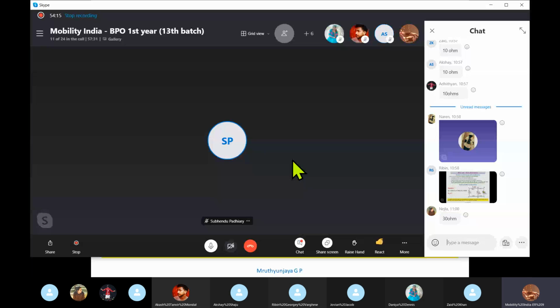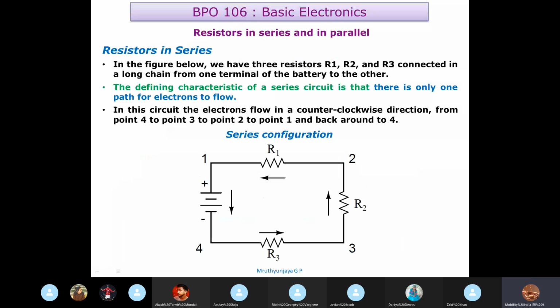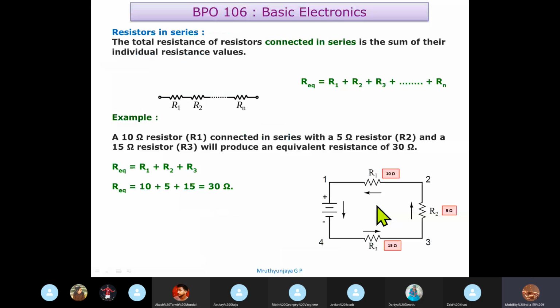Another way to quickly remember these calculations is, if they are in series, the resistance will be the summation. In parallel circuits, if we have the same value of resistors, the resultant equivalent will be just the division by the number of resistors.